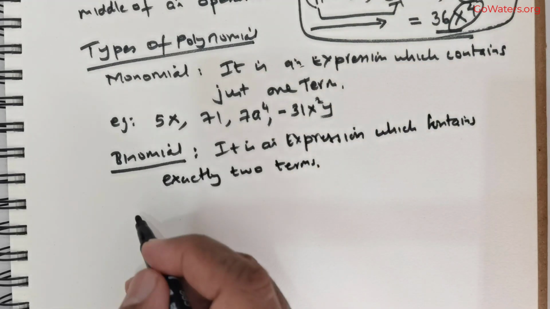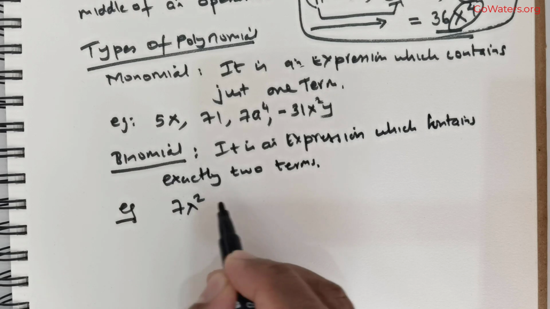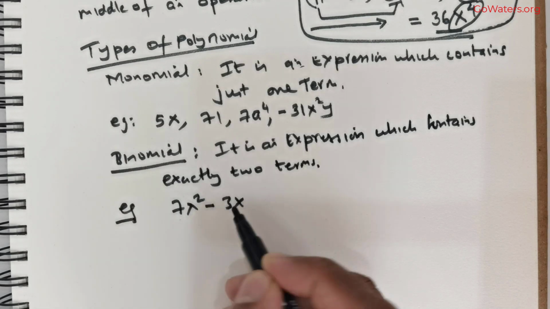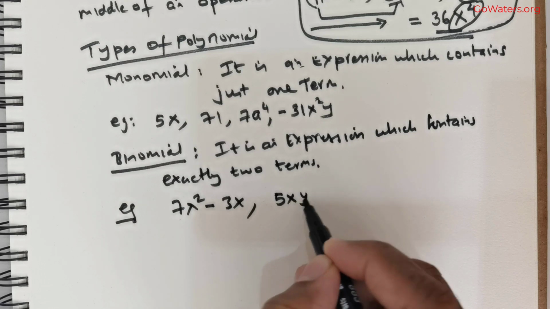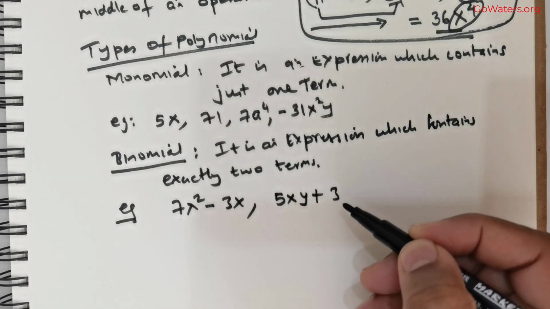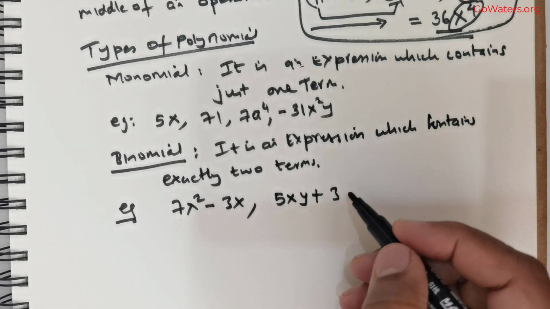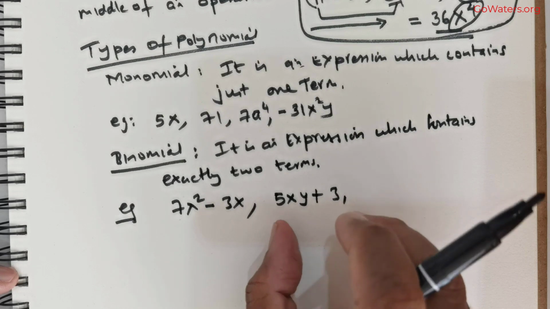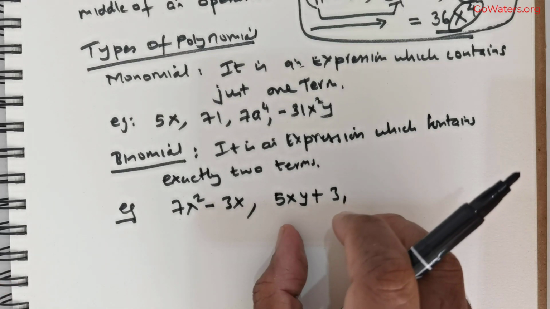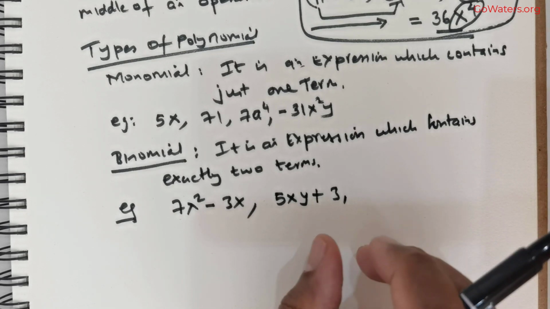The terms can be of this form: 7x to the power of 2 minus 3x. This is one example. 5xy plus 3, this is also an example. Make sure that the expression you're giving has two terms. That is the basic understanding needed here.